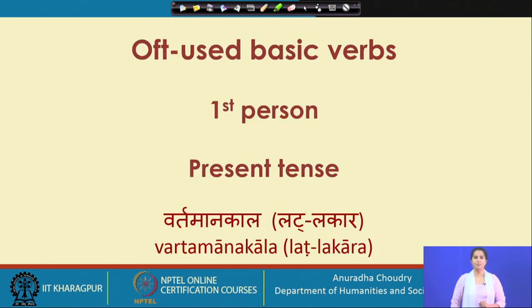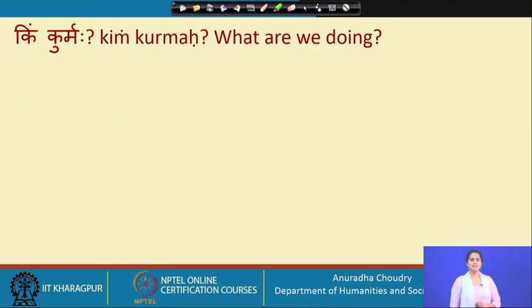Now let's move on. So what happens in the first person? Before that it is aham karomi, I do. And the question, supposing I had to ask myself, what do I do? Aham kim karomi? So when it becomes plural, you remember the plural of aham was vayam.